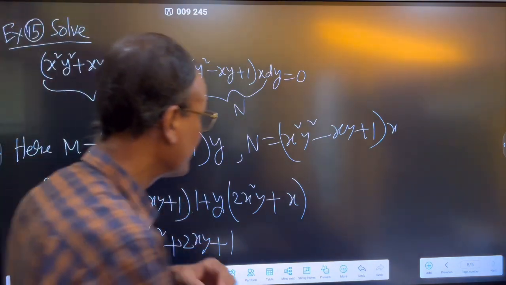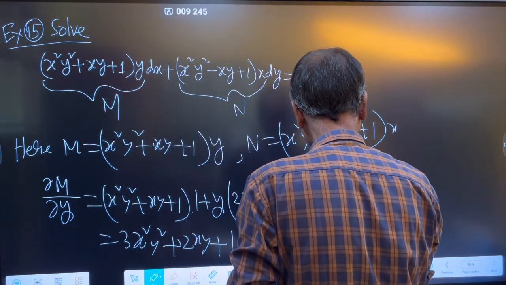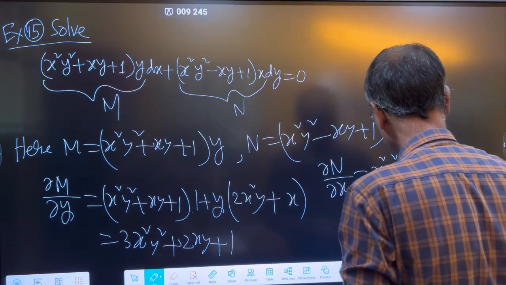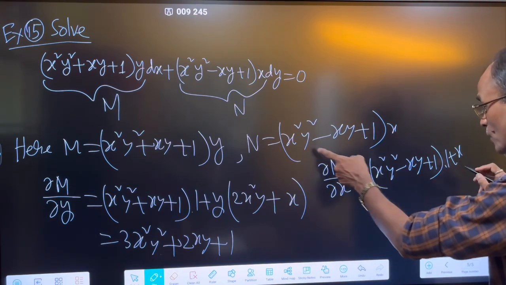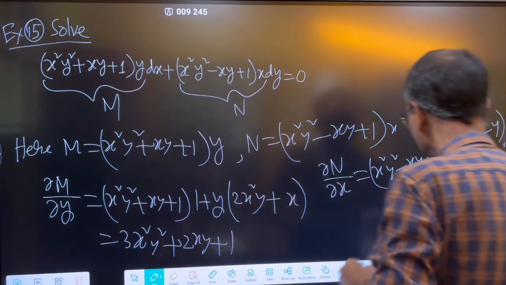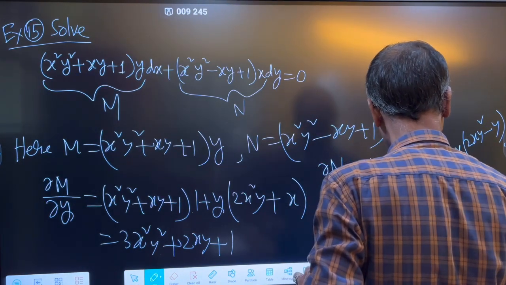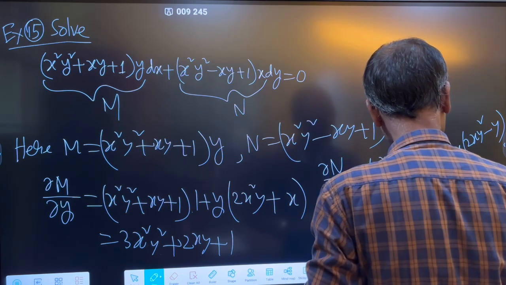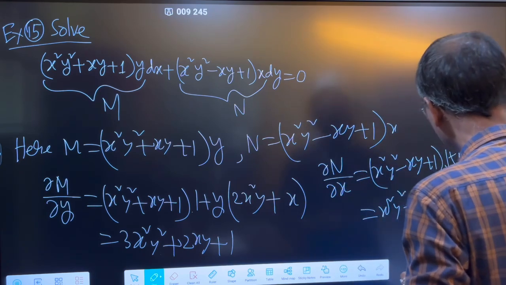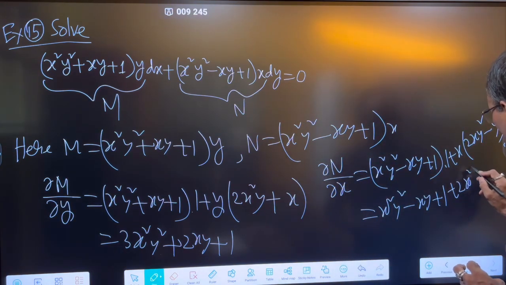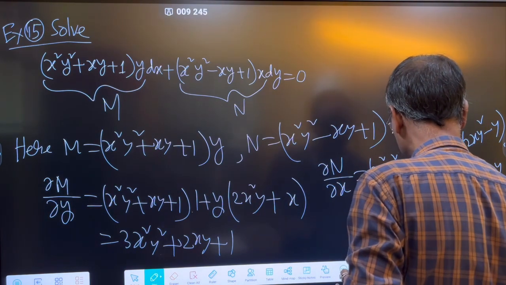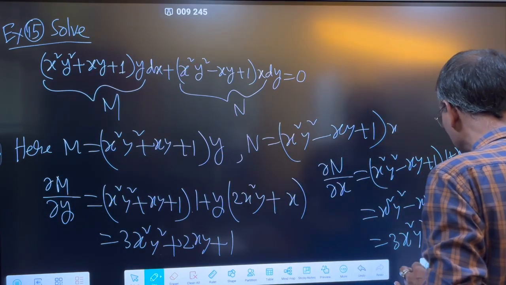Now del n by del x will be equal to (x square y square minus xy plus 1) into 1 plus x into (twice x y square minus y), which is equal to x square y square minus xy plus 1 plus twice x square y square minus xy, which is equal to thrice x square y square minus twice xy plus 1.